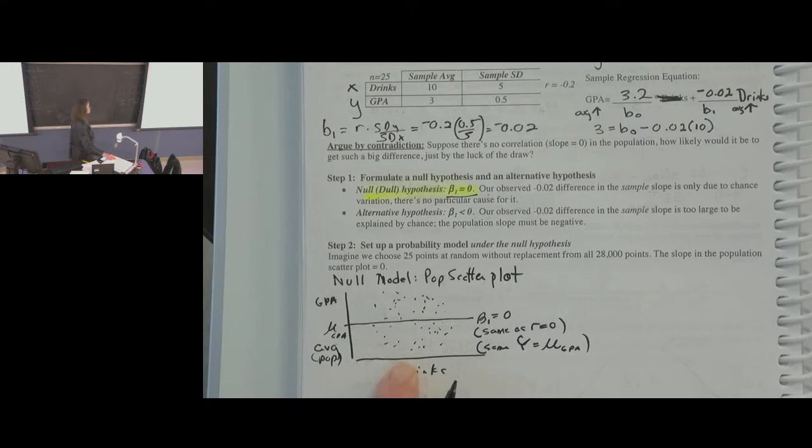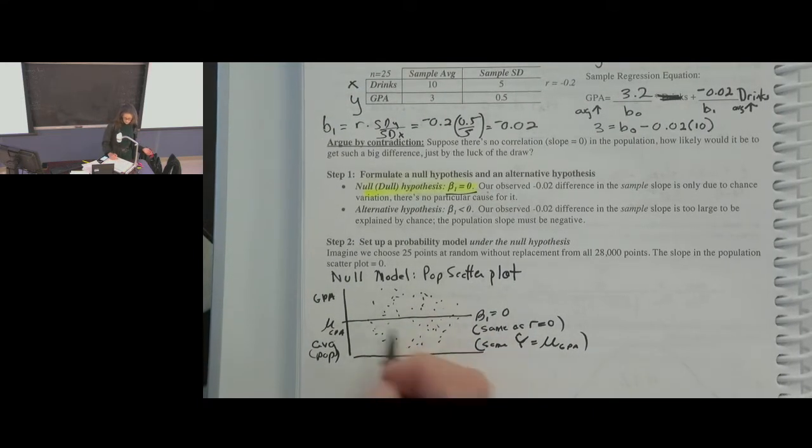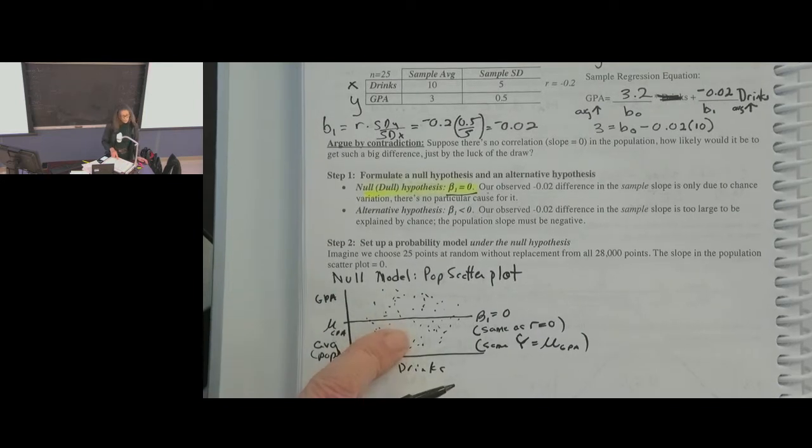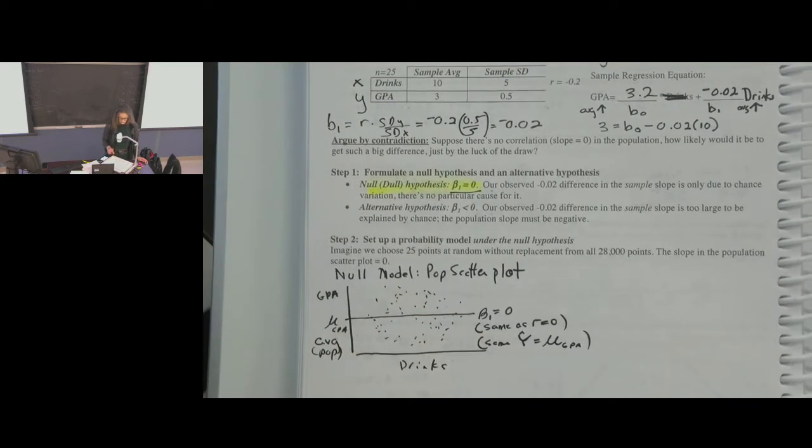Of course, because no matter how much you drink, we have a completely flat line. The best I can do is give an estimate, which would just be the average of all the GPAs. So that's the idea. That is our null model.